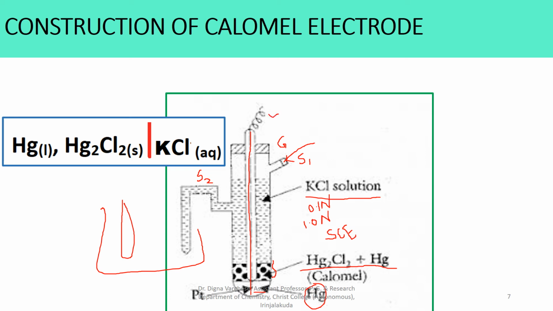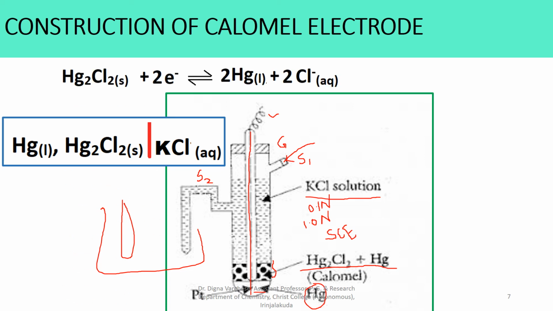So this is the construction of Calomel electrode. So we can construct Calomel electrode in this way. Okay. So the cell reaction is like this. Calomel, mercurous chloride, plus 2 electrons gives mercury and chloride. This is the cell reaction.